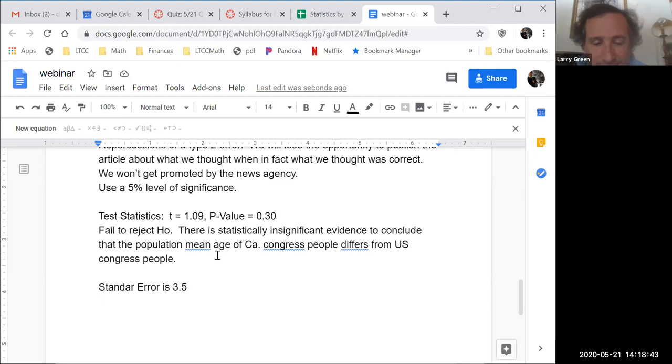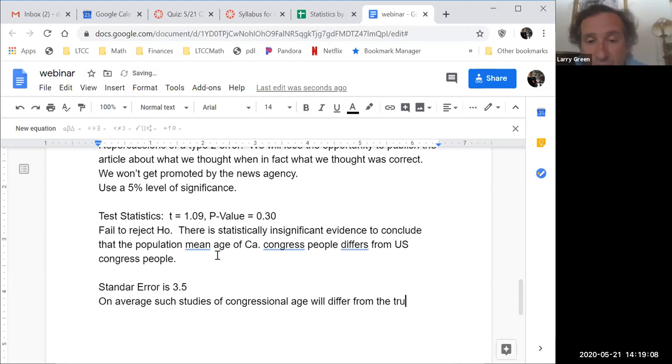So we can say that on average, such studies of Congress age will differ from the true mean, I mean the true population mean, by 3.5 years.